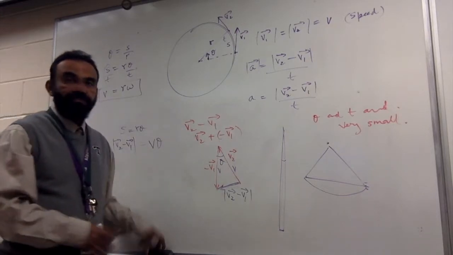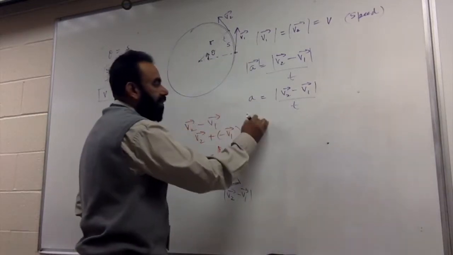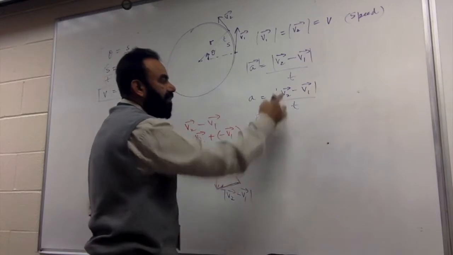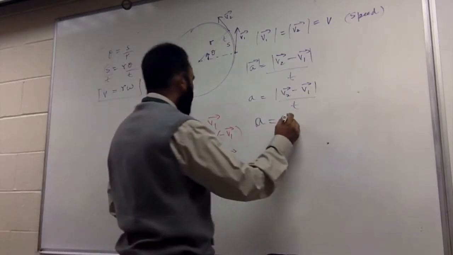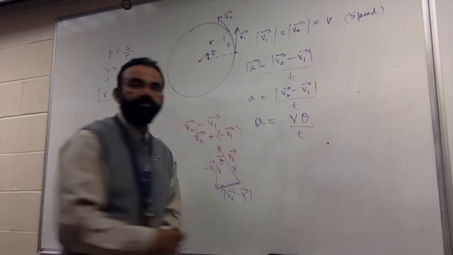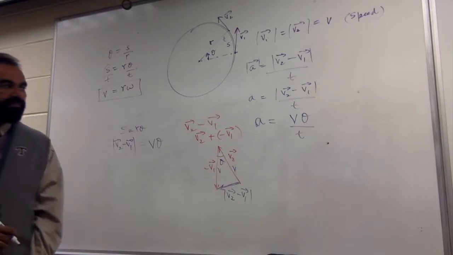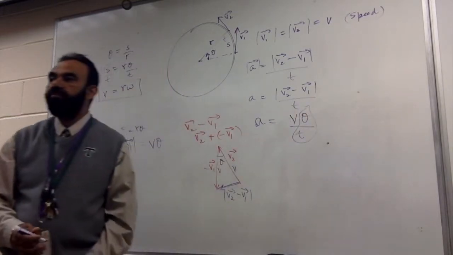Get it? So I can now go back to the acceleration. I'm just going to substitute the magnitude of v2 minus v1 as v theta. What is theta over t?